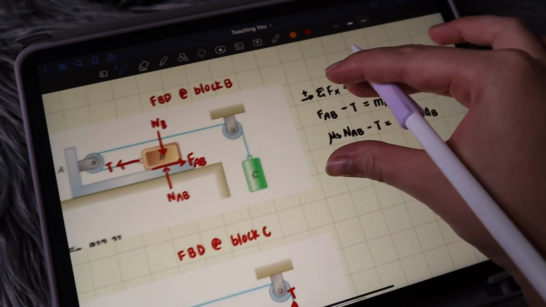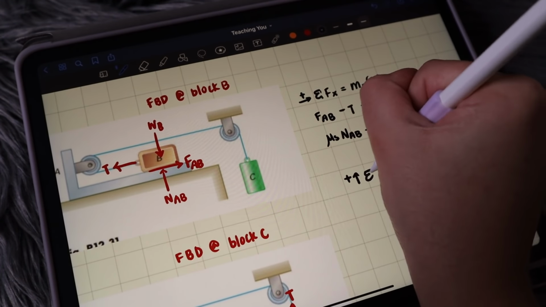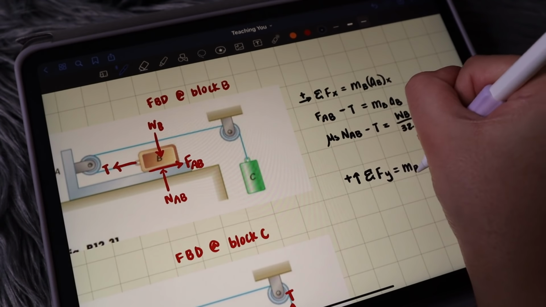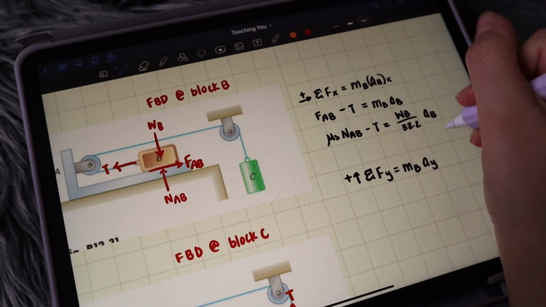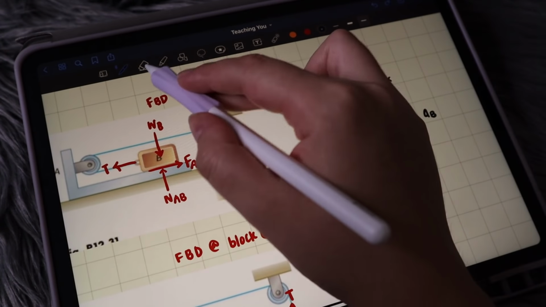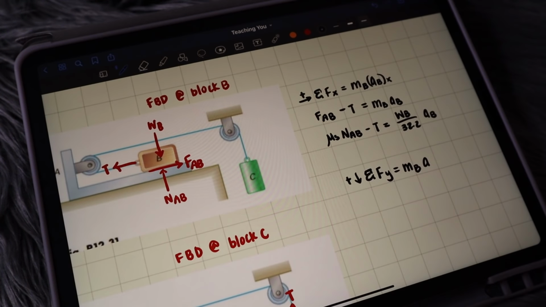Now we can also do the sum of the forces in the Y for this one because it will help us a lot. So we're going to apply the same formula. Sum of the forces in the Y, we actually said that positive is going down, so let's change that.